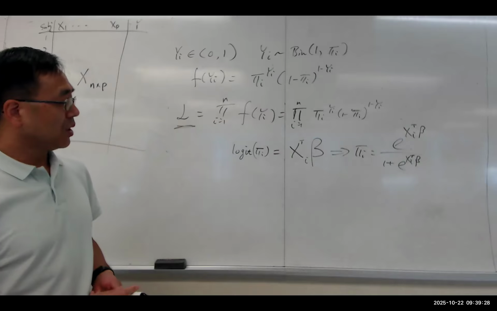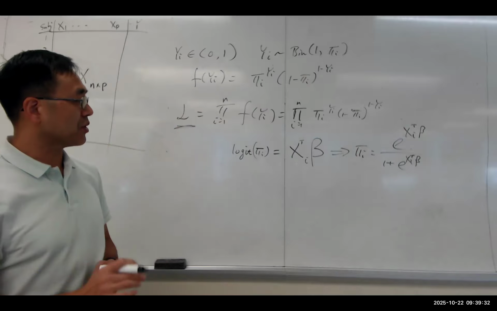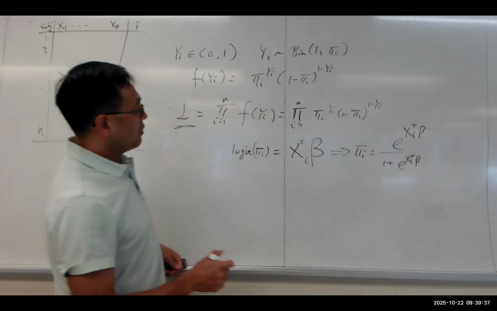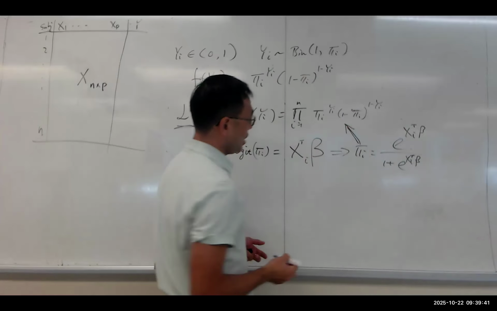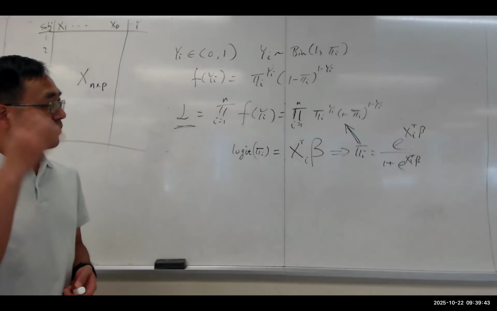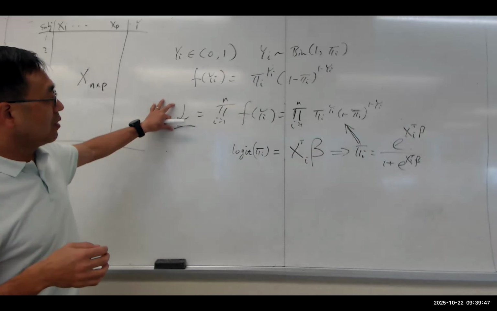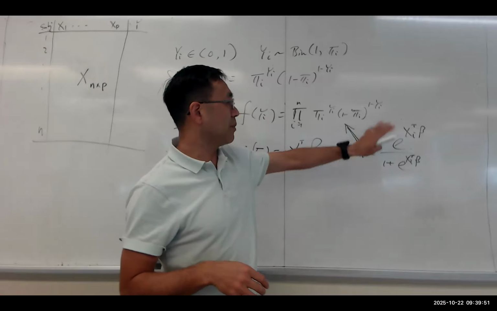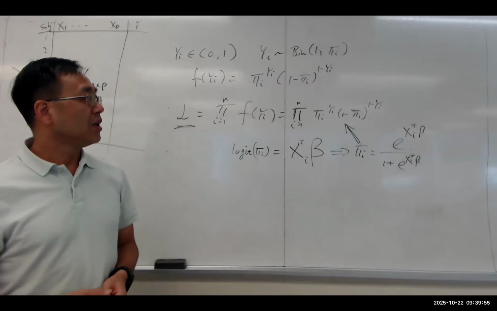The xi beta just becomes a scalar, a linear combination of these features. Once you have this model for pi i, you plug it into the likelihood function and maximize the log likelihood, and then you solve for beta. So this is what logistic regression is about.